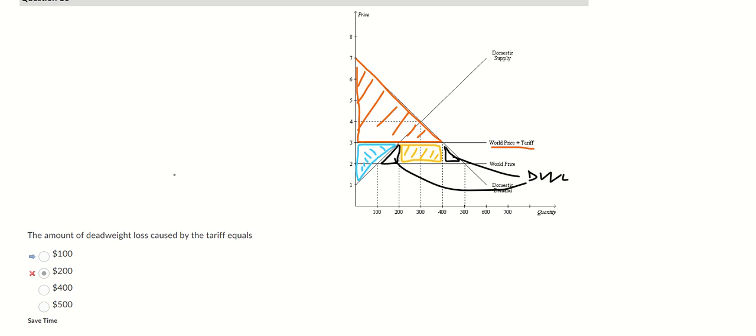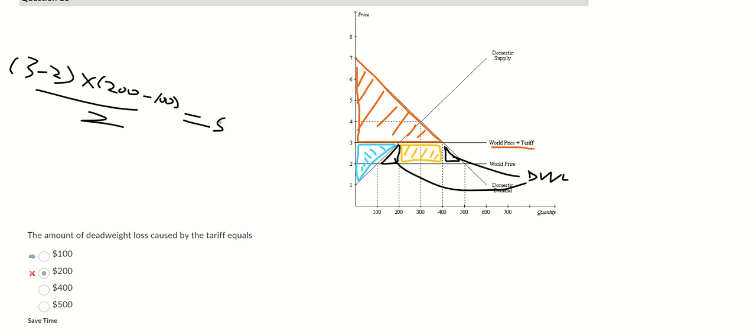Okay, so let's find the area, right? For the one on the left, that will be 3 minus 2, that's the vertical difference, times the horizontal difference, 200 minus 100, and divided by 2, right? So that will be 1 times 100 divided by 2, so that will be 50.